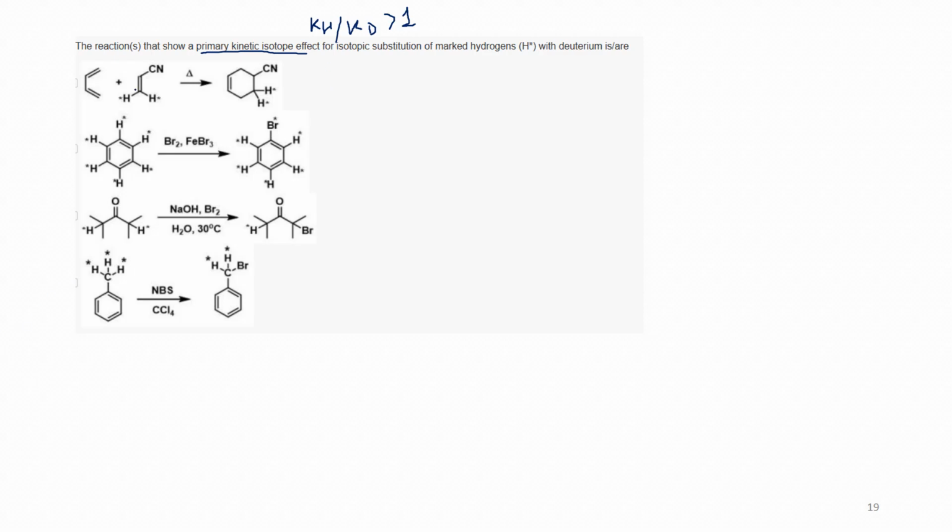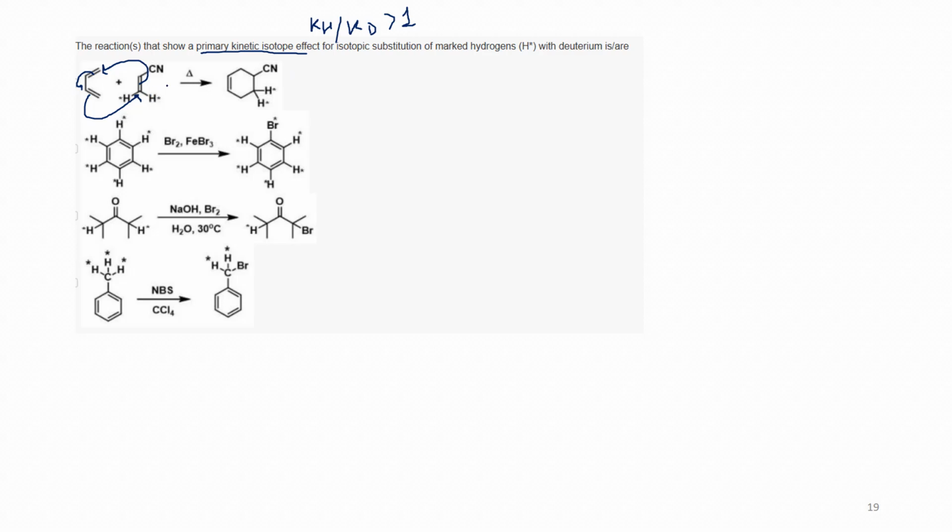So let's think. This is a simple Diels-Alder type of reaction. If it comes here, it will form this type of cyclohexane ring. Now see, in this case what is happening? There is no loss of CH bond.